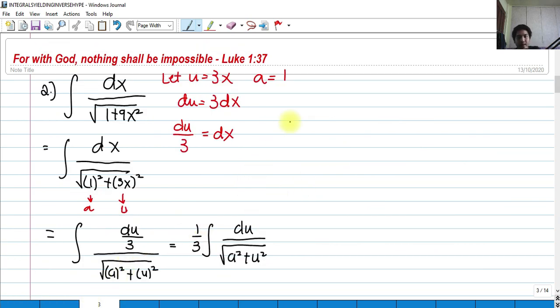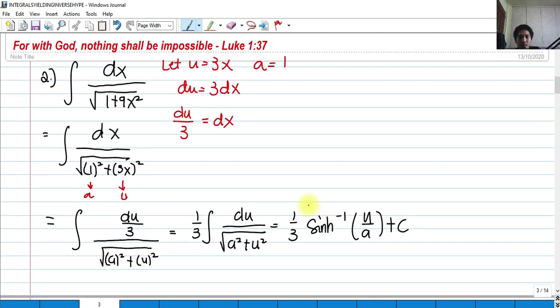So we can evaluate this as 1/3 inverse hyperbolic sine of u over a plus c. But of course, we are going to substitute back the values of u and a.